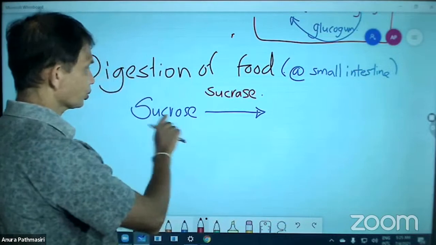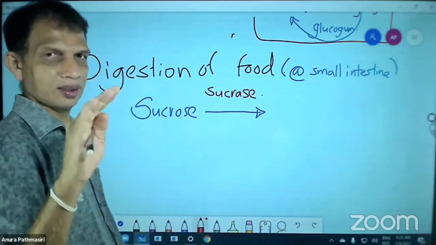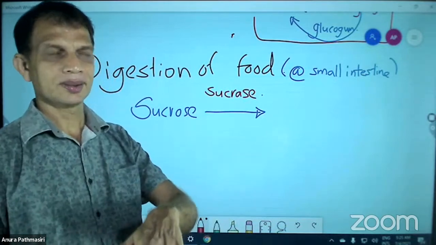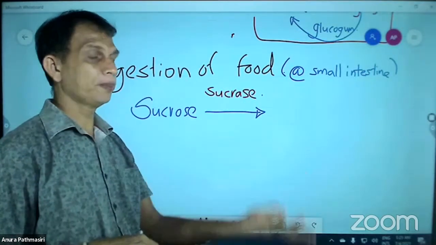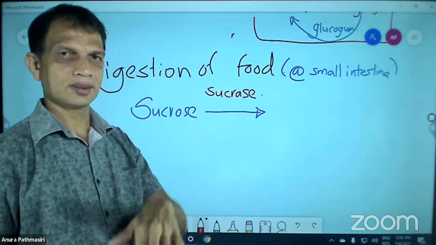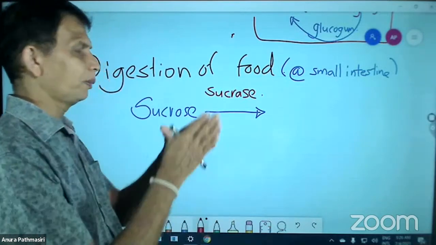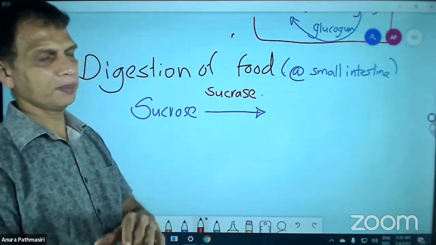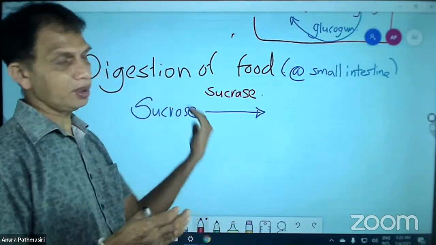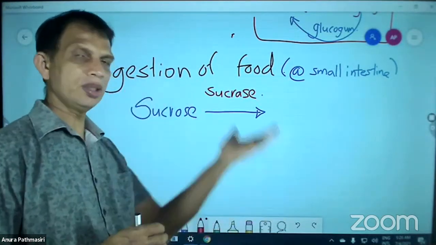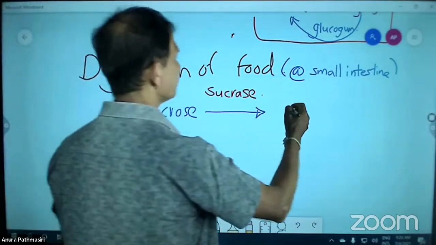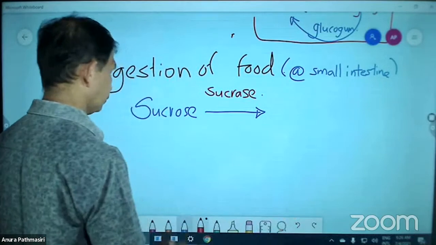It's always sucrose, sucrase. Lipids by lipase, polypeptides by peptidase, sucrose by sucrase, maltose by maltase. The enzymes end in -ase.